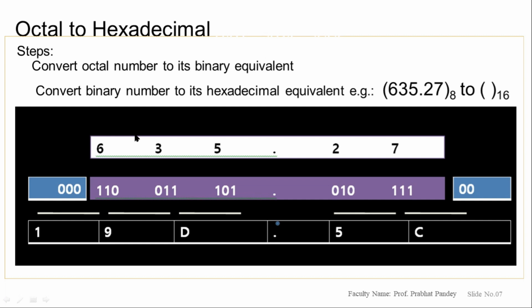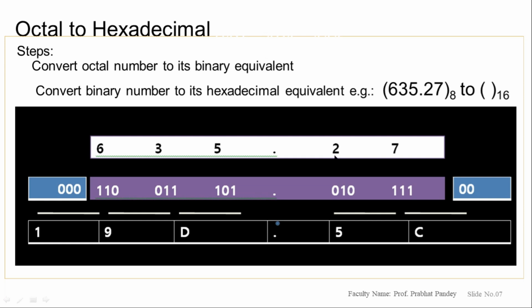Now similarly it is required to convert octal to hexadecimal. We have seen how to convert octal into binary and that binary into hexadecimal, so we will follow the same procedure, but this one has a fractional part also. This is the octal number and we have to convert it into hexadecimal. First we need to convert this octal into binary. For the fractional part, because it's octal to binary, we have to deal with 3 bits.